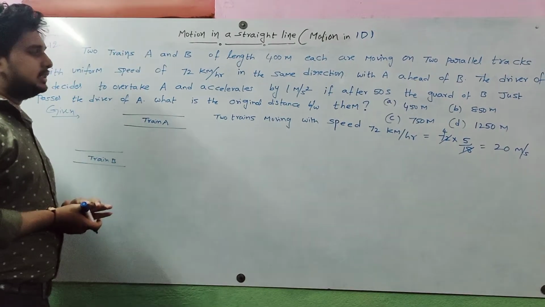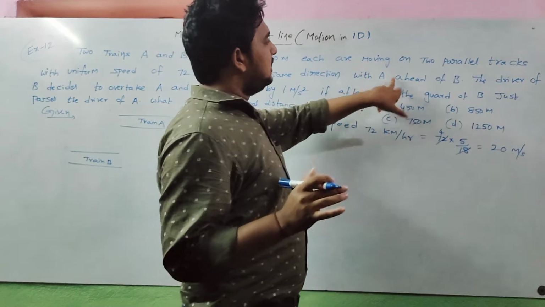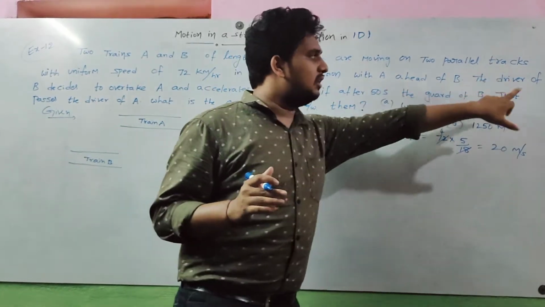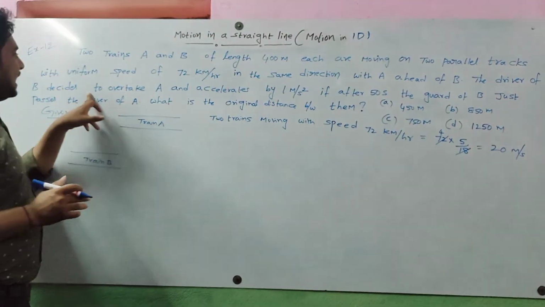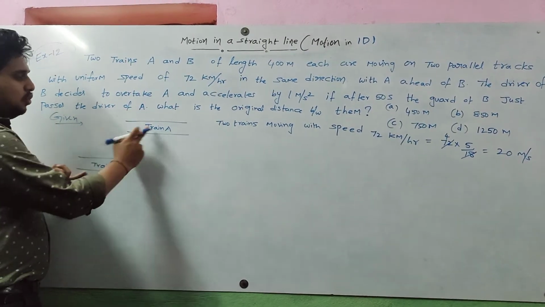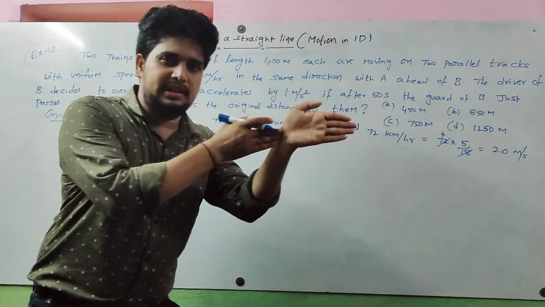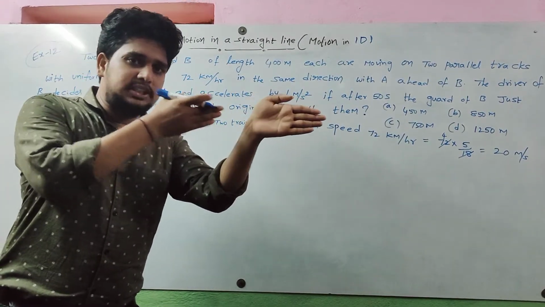Next, same direction, with A ahead of B. The driver of B decides to overtake A. Initially, A is ahead of B. That means A is in front of the B train.